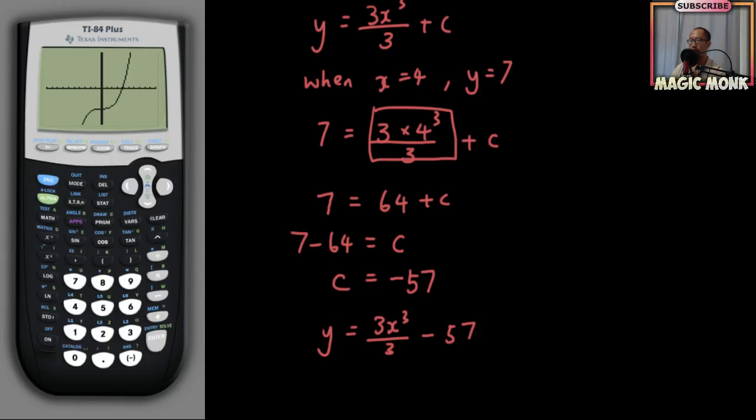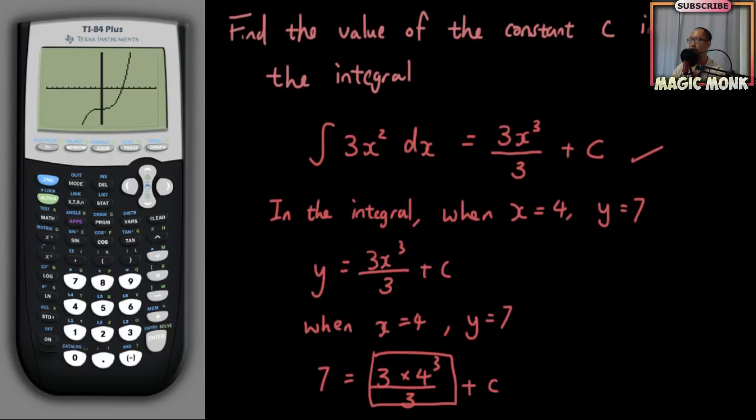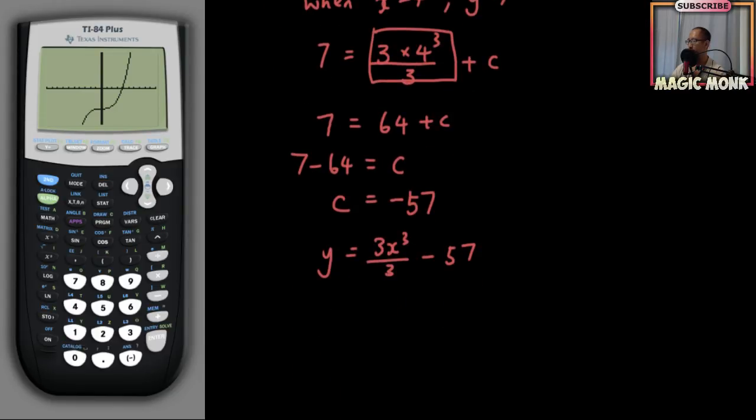Now, to verify that this is correct, we're also going to find the derivative at one single point. So we have y equals that, and y dash is equal to... let's differentiate it again just to make sure we get the right derivative.